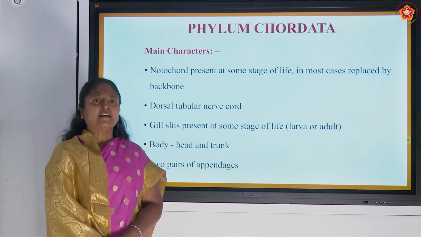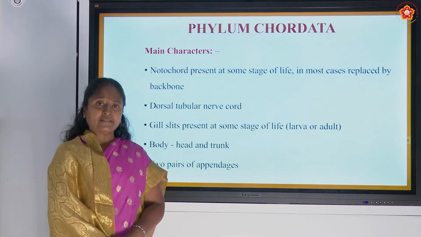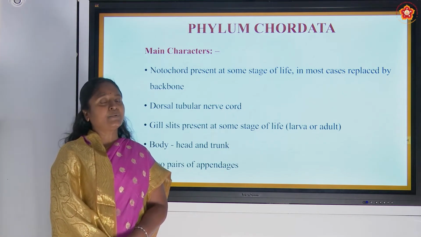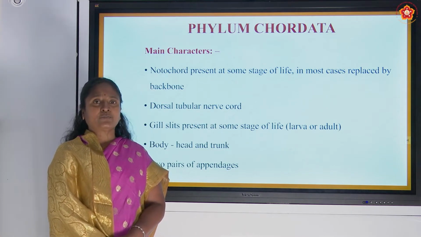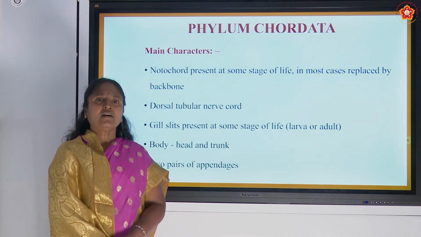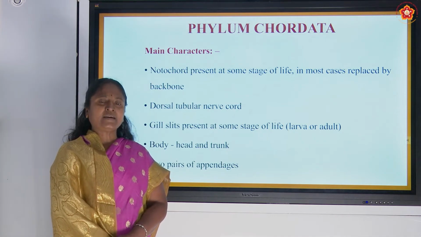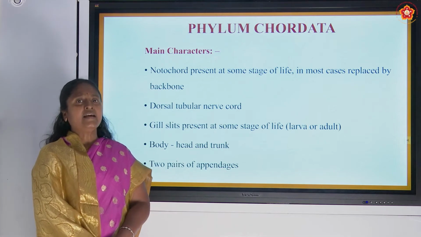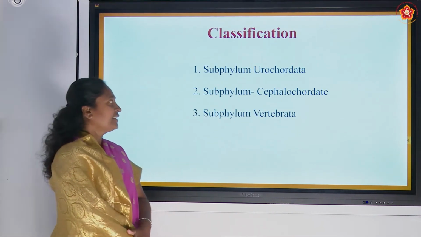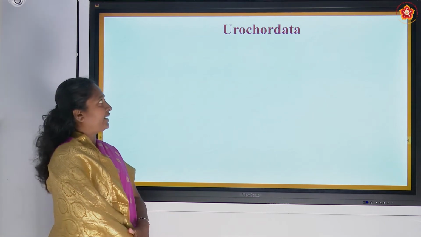We studied multiple appendages in the previous invertebrate groups, right? In Nereis or in the centipede, we have many appendages, but here only four appendages are present in the organism.